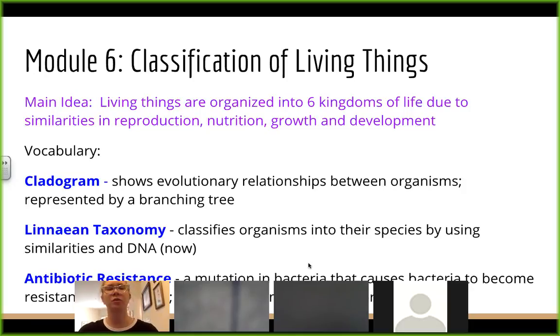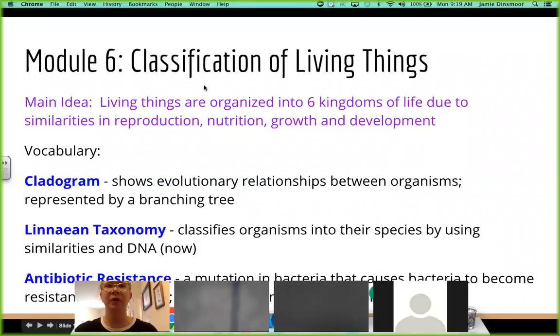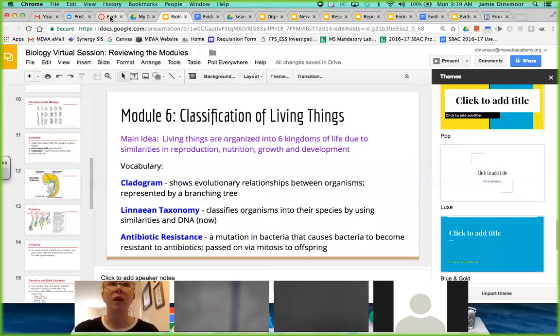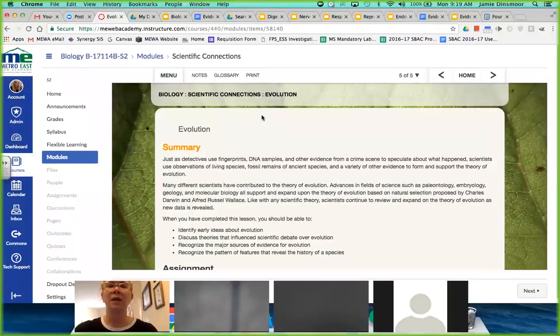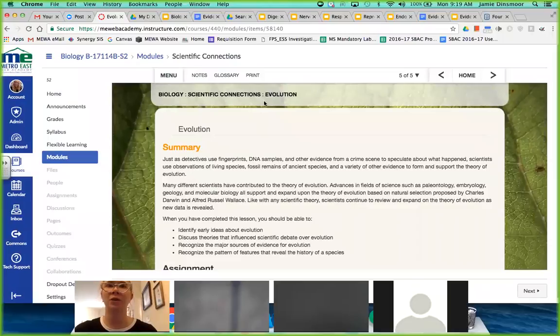In fact, I'm going to show you guys something that I don't know if everyone knows about. Oops, how do I get out of this? Okay. So in any of the lessons in the biology course, you can click on this glossary.